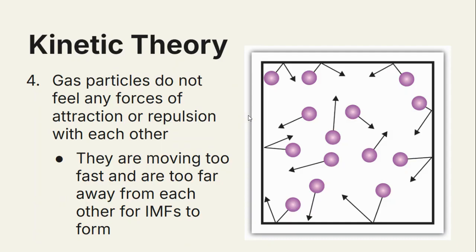The fourth part of kinetic theory says that gas particles do not feel any forces of attraction or repulsion with each other. Meaning, gas particles move the fastest out of all the states of matter, right? So they're moving way too fast, and there's so much space between them, like the first part of kinetic theory said, that there's no way for IMFs to form between them because they just don't interact with each other long enough to form IMFs.